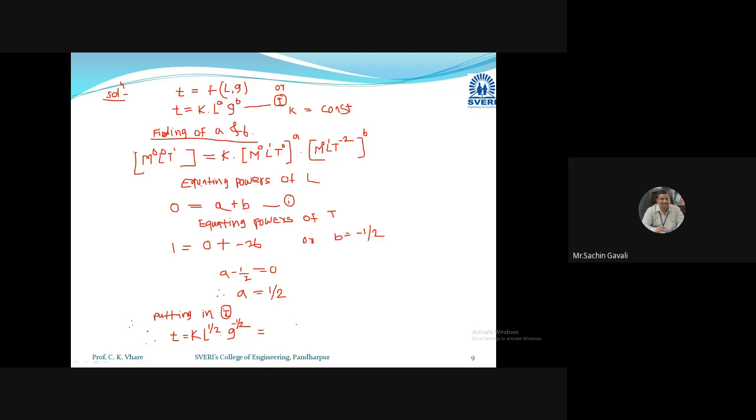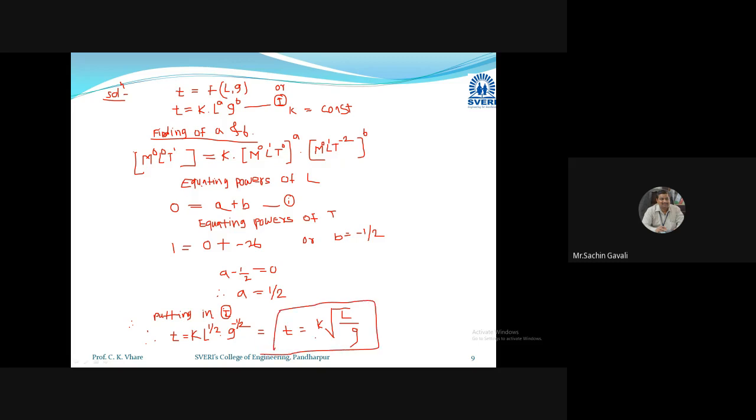You can say that here T is equal to K into square root of L by G. L raised to 1 half means square root, everybody will understand. So this was the pendulum relation.